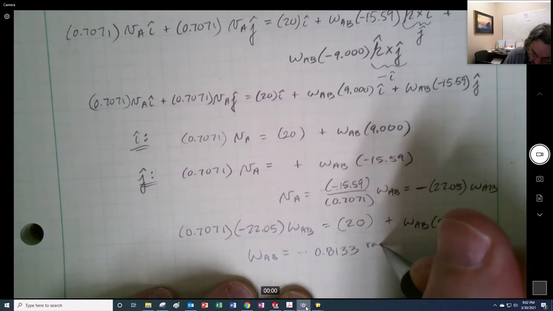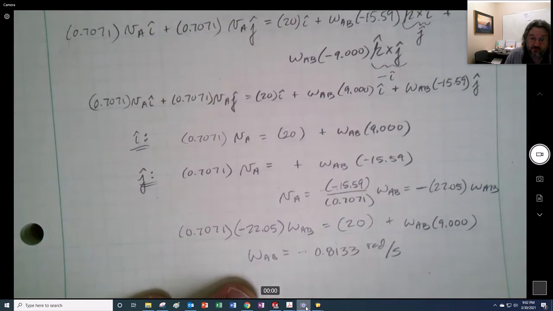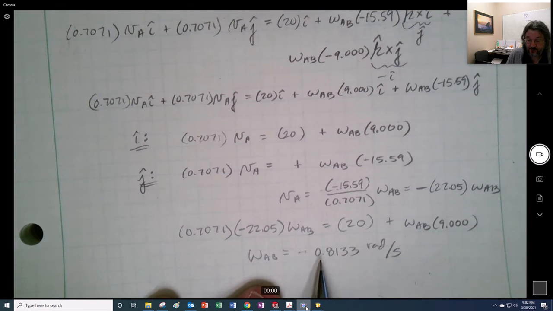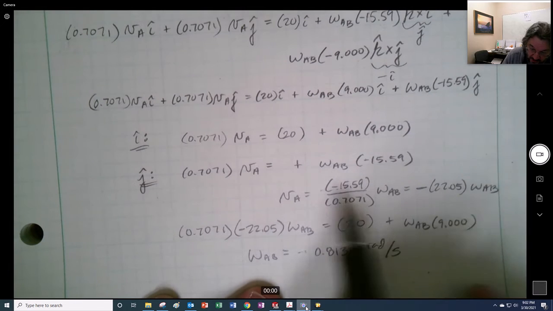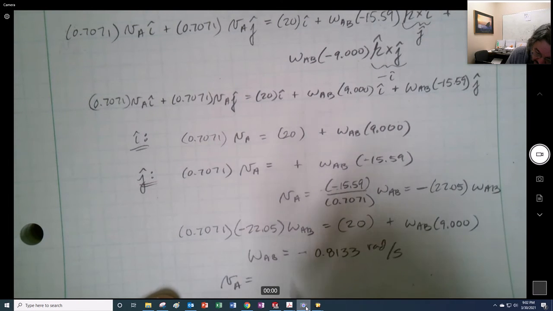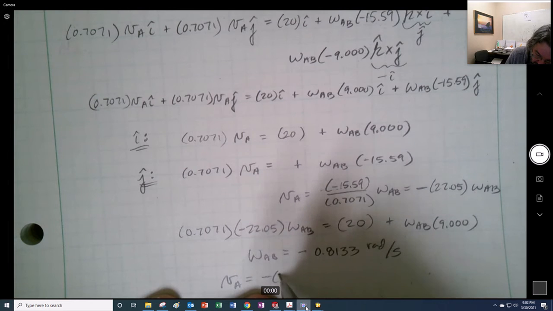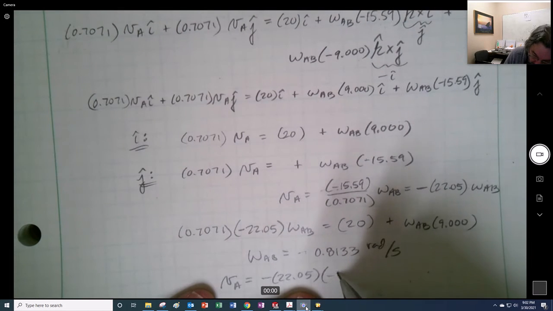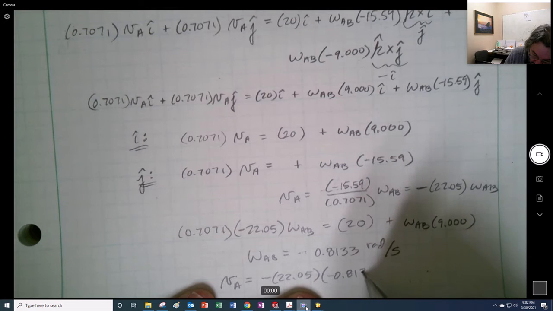0.8133 radians per second. So therefore, it is going in the reverse direction, right, from what we want. But we'll keep this as negative and put it back up into, let's put it into this. And we can find that VA, the magnitude, is negative 22.05 times negative 0.8133.